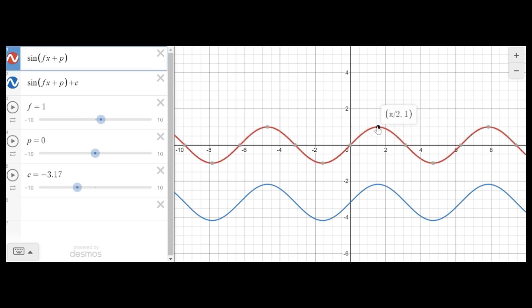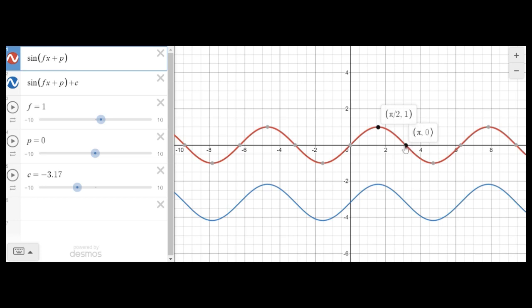Clear? Similarly, on the x-axis, pi. You can use your calculator to check the value of pi. Pi is how much? 3.14. So it is between 3 and 4, somewhere around this point.